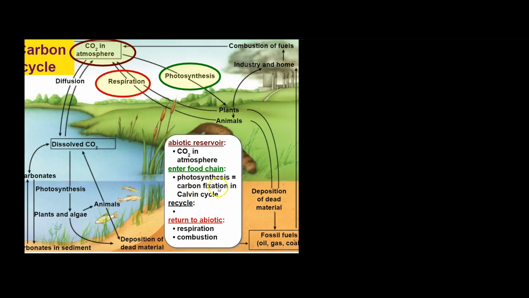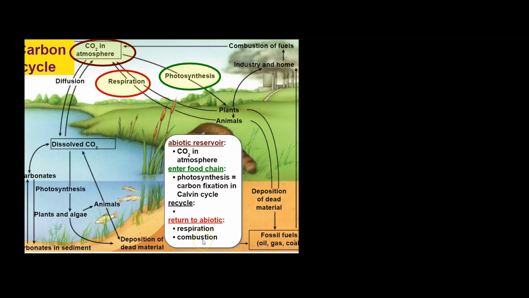And so we get this abiotic to biotic transition when we're talking about carbon cycling. It returns to the abiotic reservoir through cellular respiration, and also through the combustion of any living material that contains carbon.